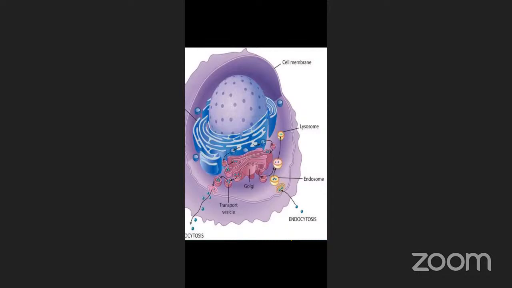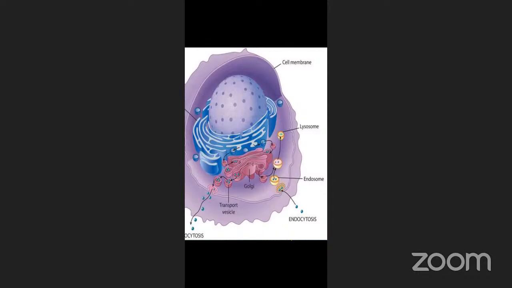Secondary lysosomes mean phagocytosis or pinocytosis. Especially in the immune system, whenever a bacteria or virus enters our body, there are some phagocytic cells in our immune system, like dendritic cells and macrophages.